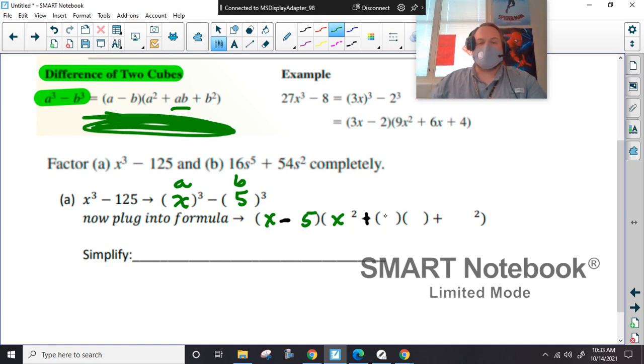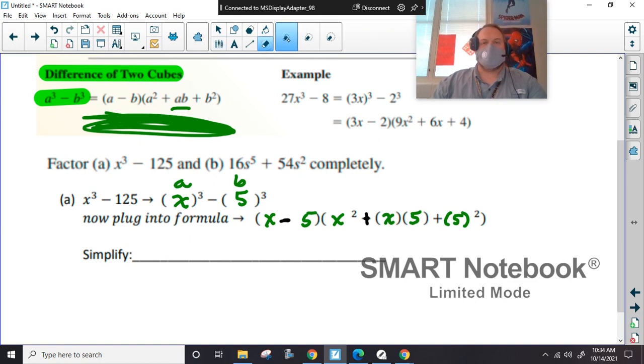I made a typo, so we've got to fix that. Then 5 would go here, and then we have 5 squared. You don't have to put the parentheses, so let me take these out. So this is a 5 squared.